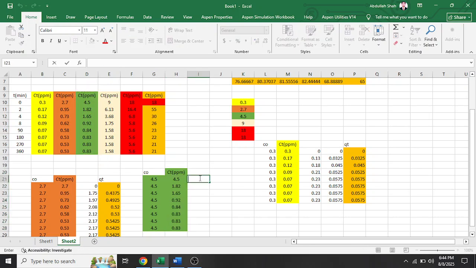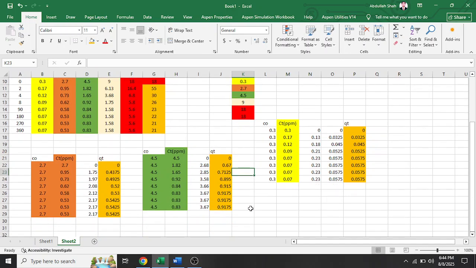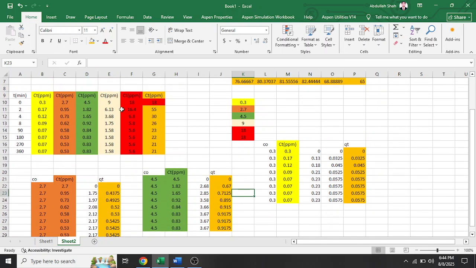And again C naught minus Ct, multiplied by the volume of the solution, 0.25. Divide by 1, so you will get the same result. So this is the adsorbent uptake for experiment number 3.